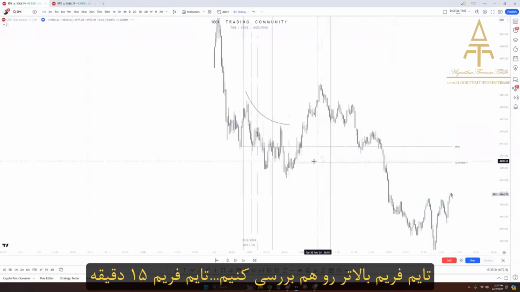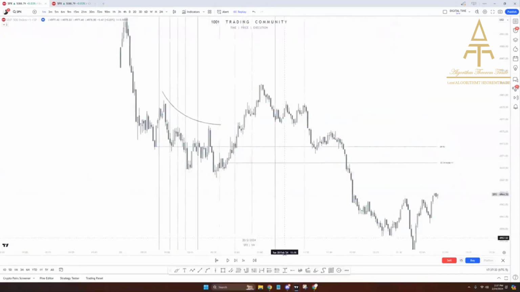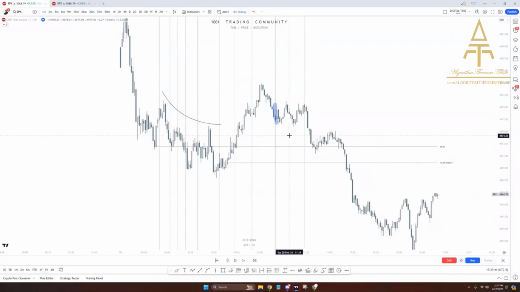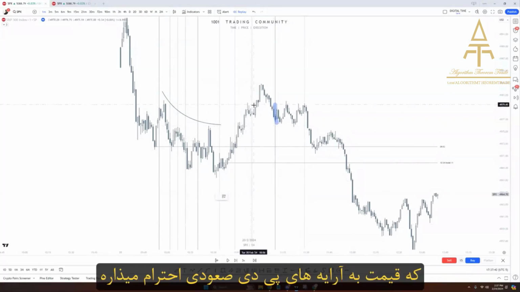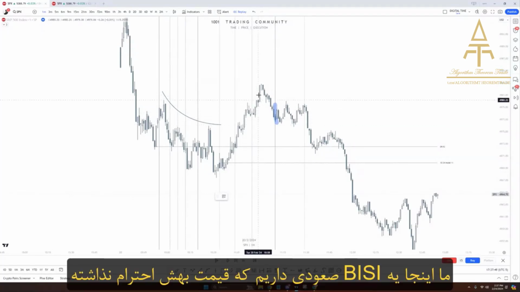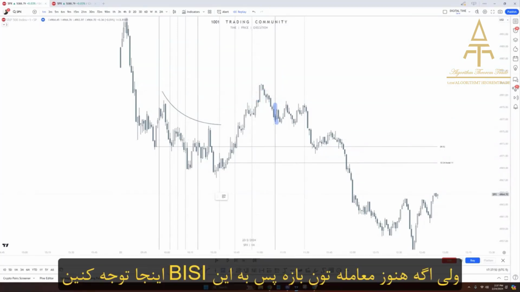Observe the higher time frame as well, 15-minute time frame. But what happens here? As you are approaching 11:10, what do you need to be looking out for? That bullish PD arrays remain respected. There is a bullish BISI here being disrespected, but if you are still in the trade, then watch this BISI here.